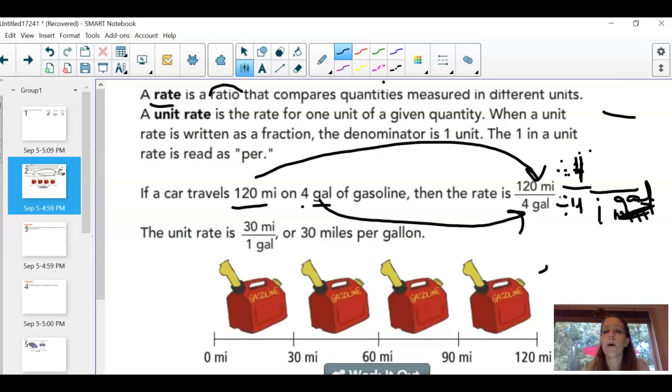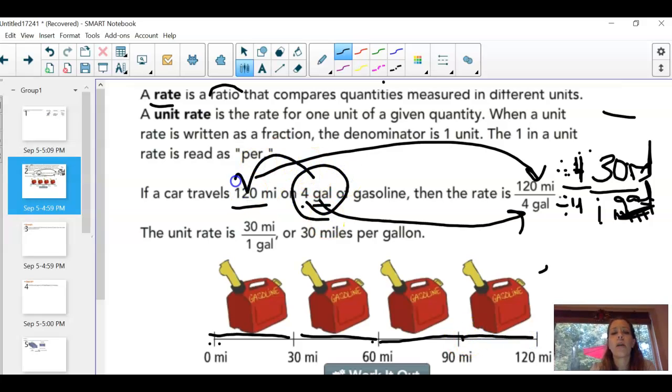So 120 divided by 4 would give me 30. 30 miles per gallon. So that means, looking at my picture, 1 gallon will get me 30 miles, 2 gallons will get me 60 miles, 3 gallons will get me 90 miles, and 4 gallons will get me 120.